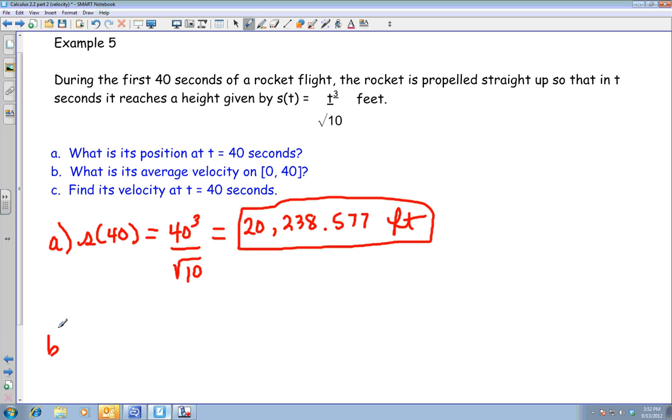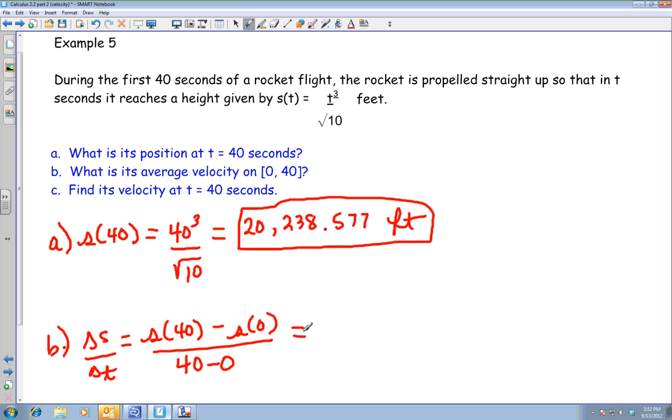Part B. What is its average velocity from 0 to 40? So remember, average velocity is my change in position over my change in time. So I say s of 40 minus s of 0, over 40 minus 0. I need to plug 40 into this equation.